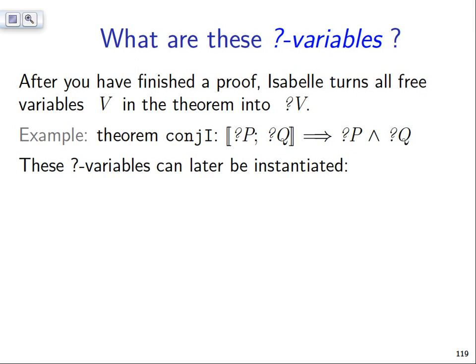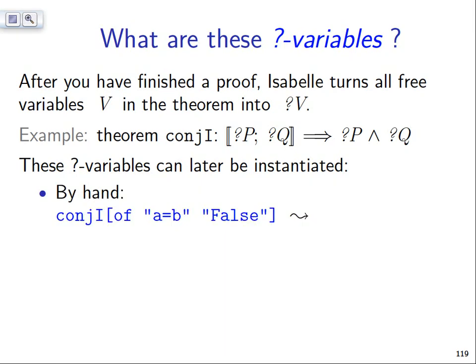So it's just another way of expressing that these question mark variables are universally quantified, and this substitution business is just instantiating the universal quantifier, but you don't see the universal quantifier, instead you see these question marks. And how do you instantiate them? Well, you can do this by hand, and we will frequently do this in order to specialize theorems.